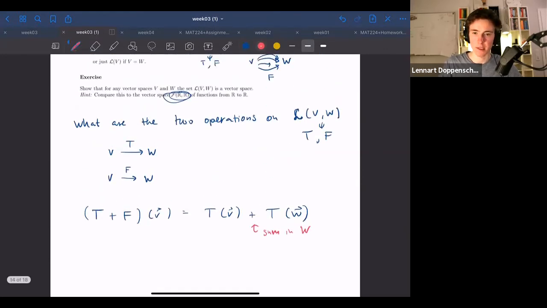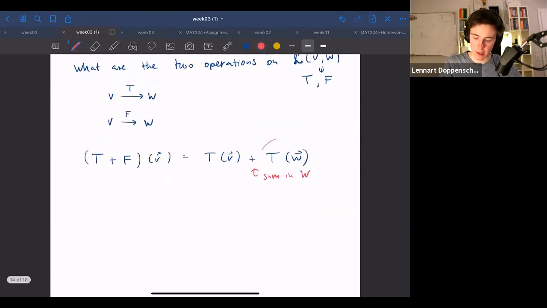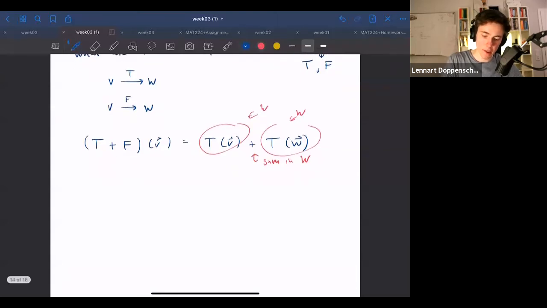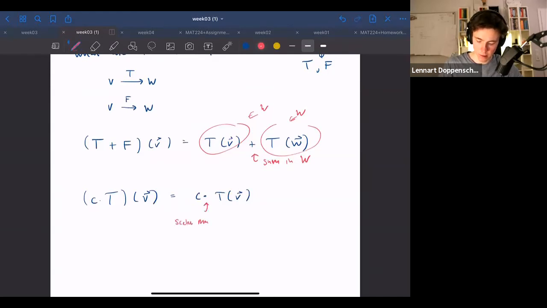So we have addition of elements, and these are elements in W. And likewise we can say that C times the transformation applied to v is equal to C times T of v, where this is now scalar multiplication in W.